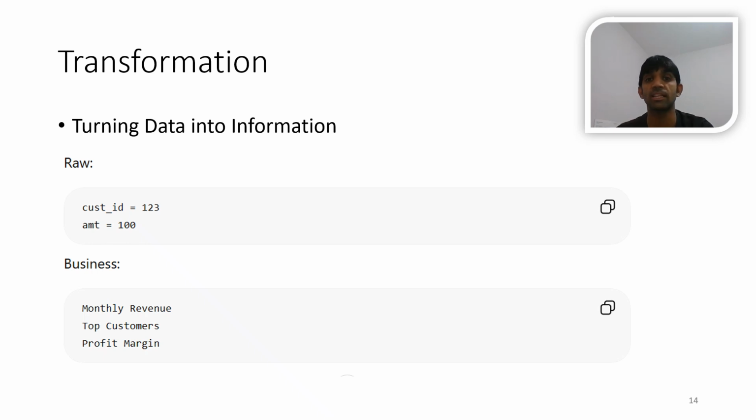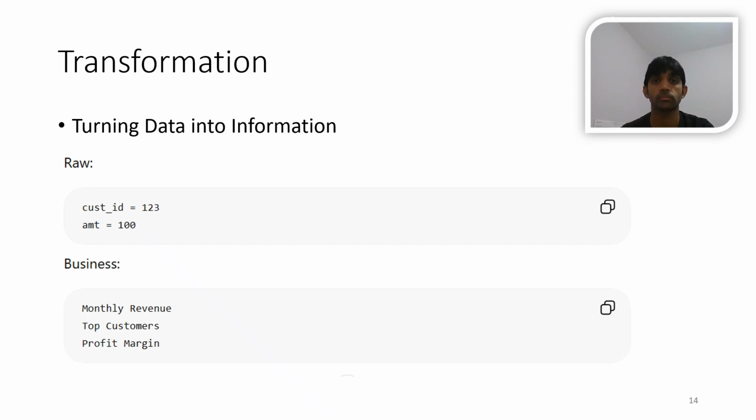At this stage, it often involves cleaning data, standardizing formats, applying business rules, and creating metrics. Transformation is where data starts becoming information. This is where the business insights come into play, like monthly revenue, customers, profit margins, etc.